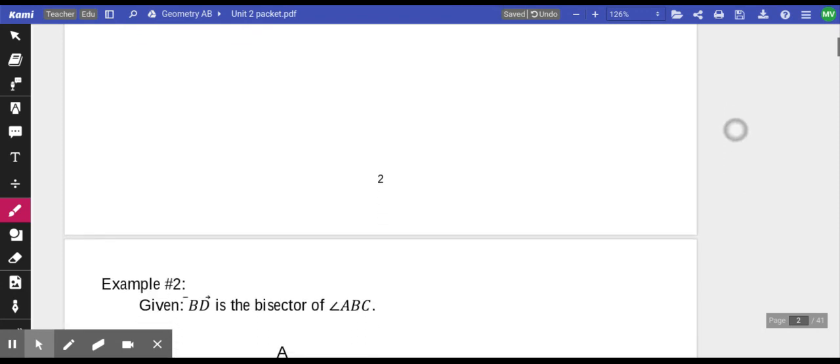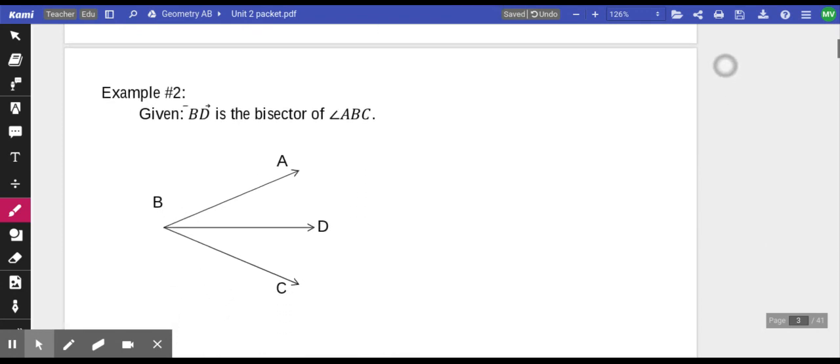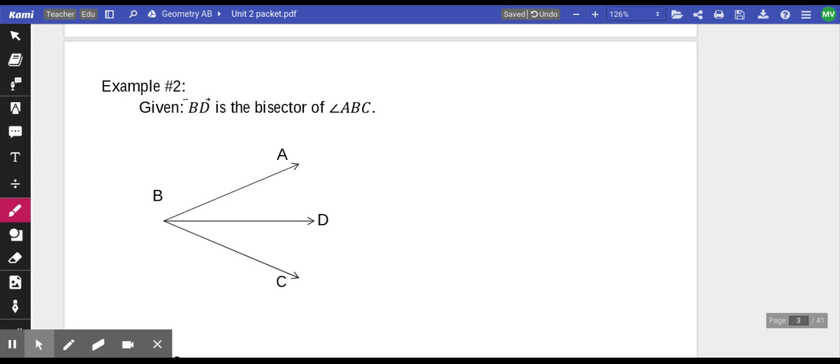Example 2, we are given that BD is the bisector of angle ABC. When we learn the word bisector or angle bisector, we learned that that means that angle ABD is congruent to angle DBC.